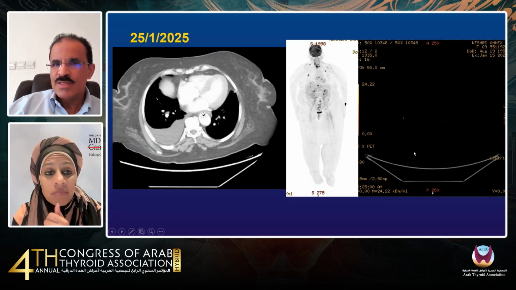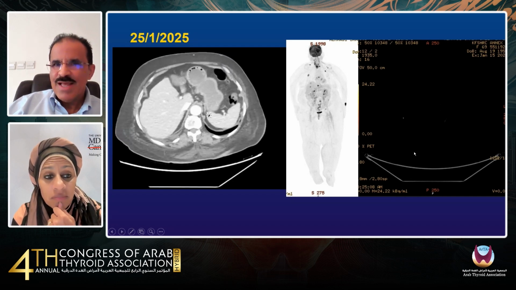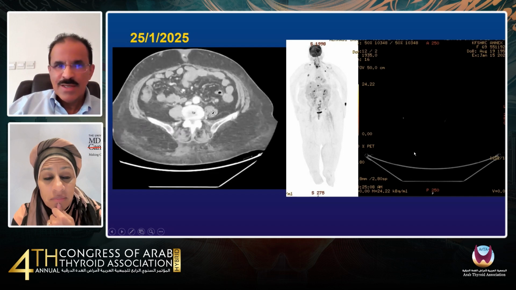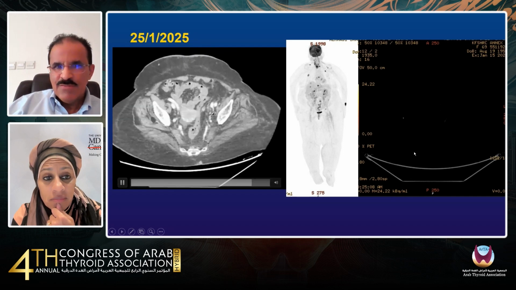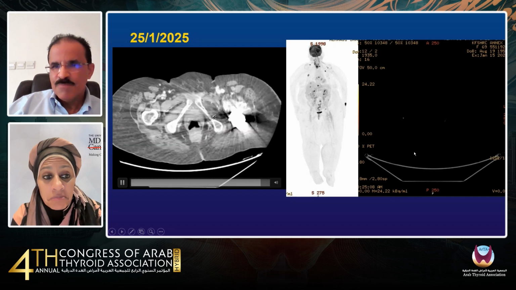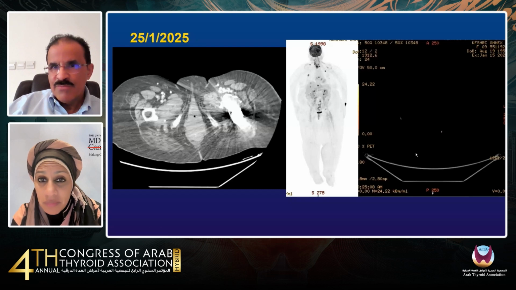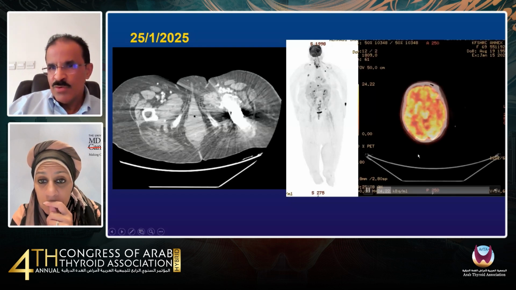There's not much activity in the left head. There's scattered metastasis in the lungs and the spine. And even here, this is the prosthesis. So, okay. And this is the follow-up PET scan. You can see there is no mass anymore in her skull.